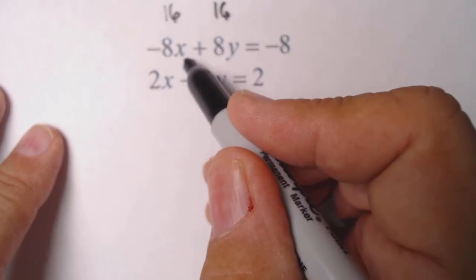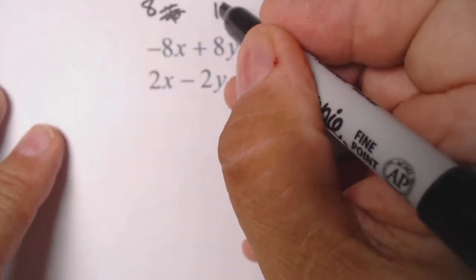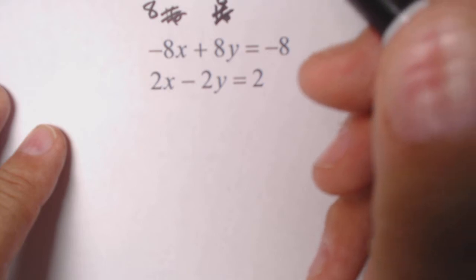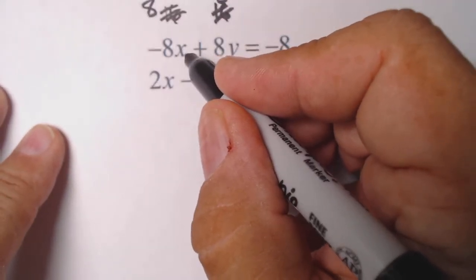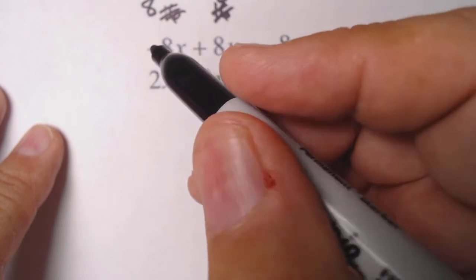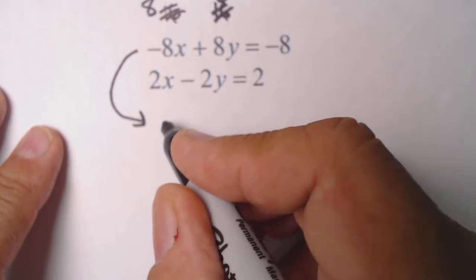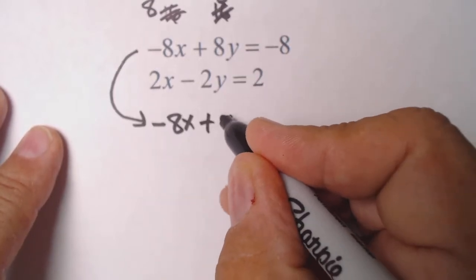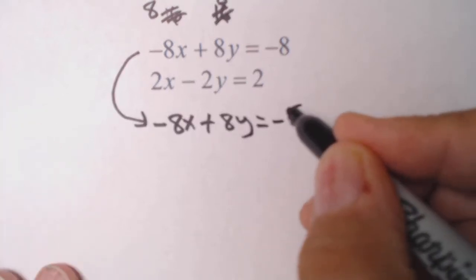So let's see. In fact, it's not going to be 16. It's going to be 8 on both of these guys. And so guess what? The negative 8x is already where we want it to be. So I'm just going to take this guy and copy him down. Negative 8x plus 8y equals negative 8.